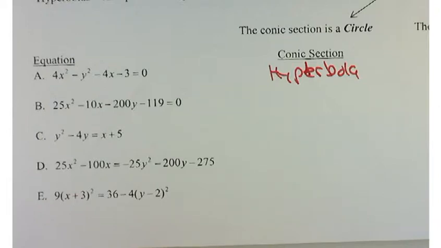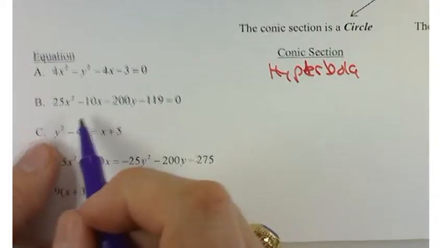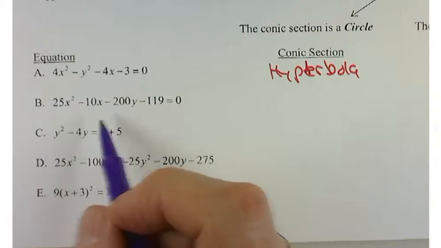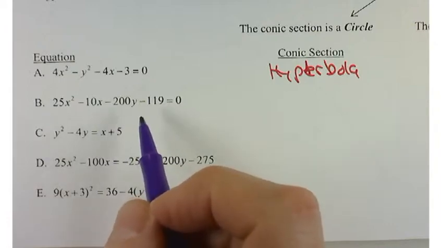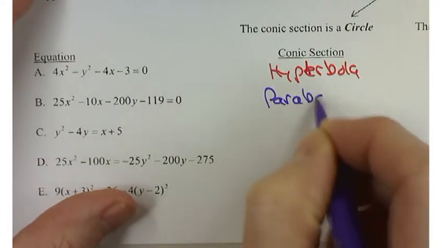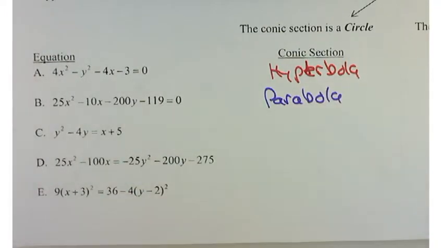Let's look at the next one. This one should be pretty easy. What kind of a conic section are we looking at here? Parabola. Good. How about the one below that? Parabola.